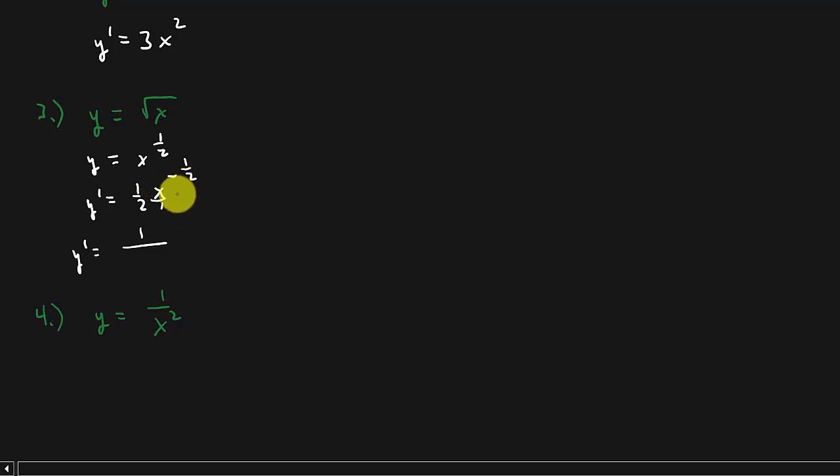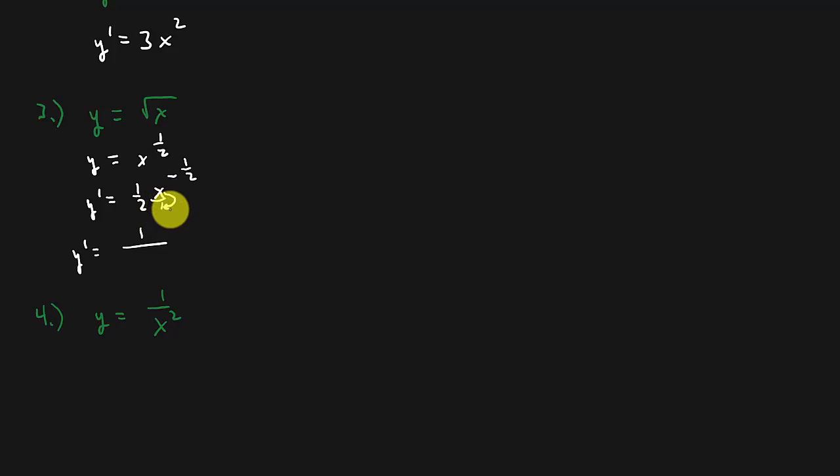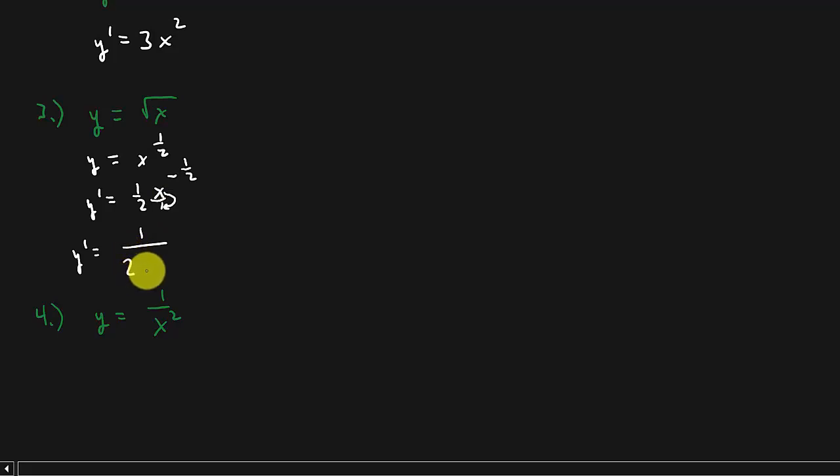That's like x to the negative 1/2 over 1. So we can actually move that to the denominator. And what happens when you move it to the denominator? It changes the sign of the exponent. So that's 2x to the 1/2. And so we could write this as 1 over 2 square root of x. And this would be your answer right here.